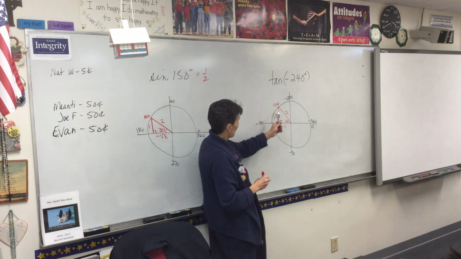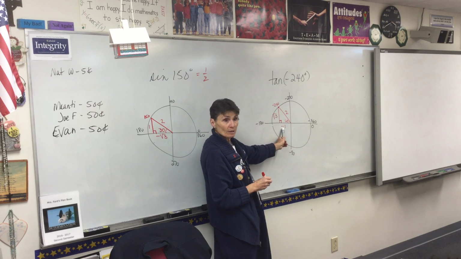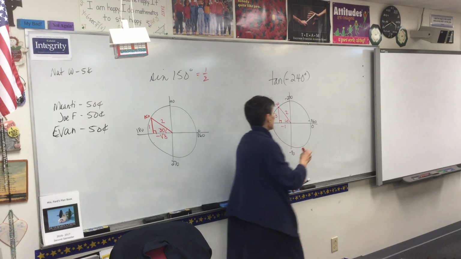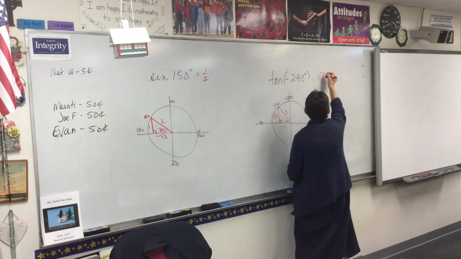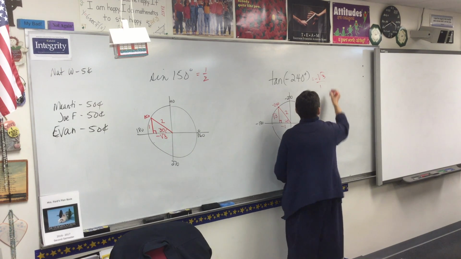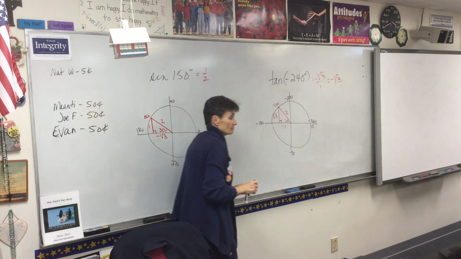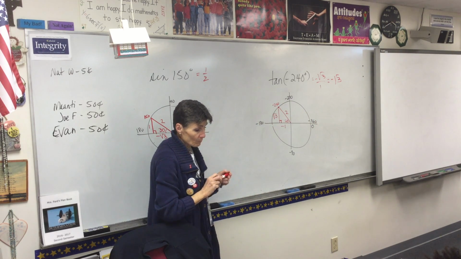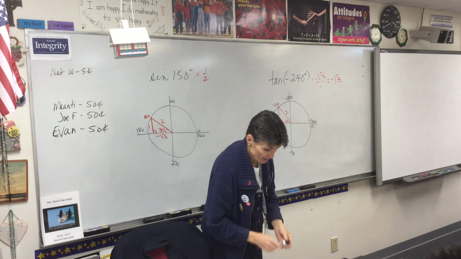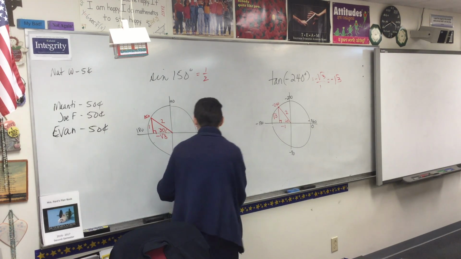Tangent is opposite over adjacent. So the answer to the problem is root 3 over 1, negative root 3. Wow, you're doing this without a calculator, kids. That's pretty impressive. Here we go, next one.